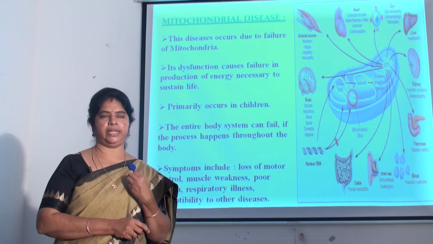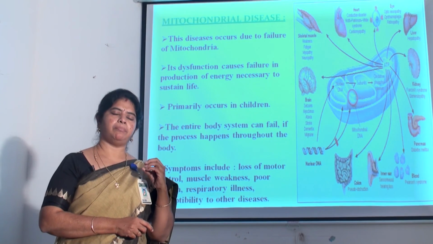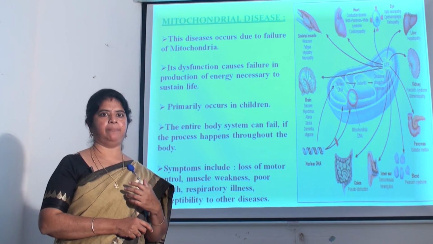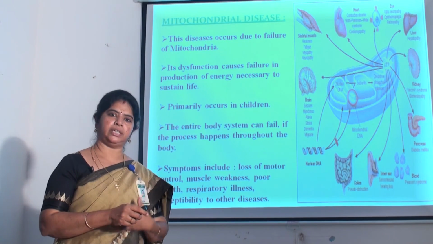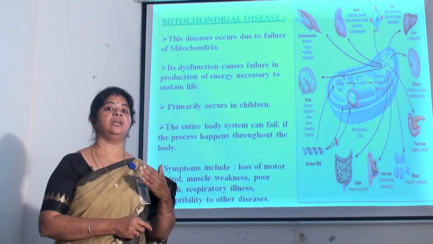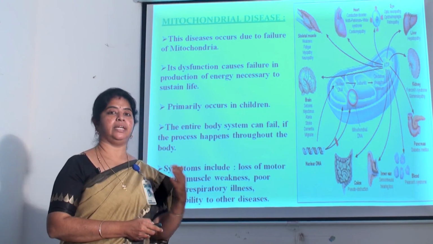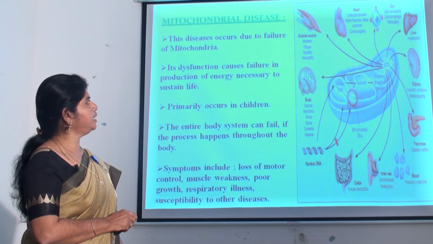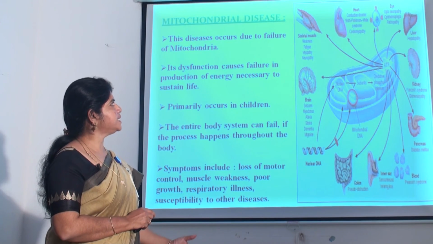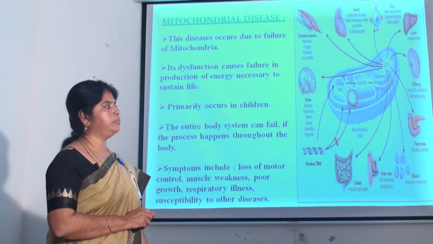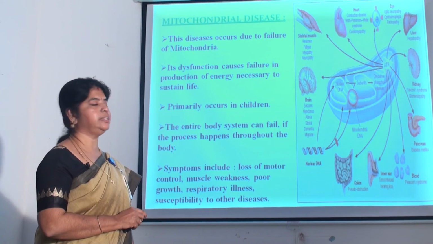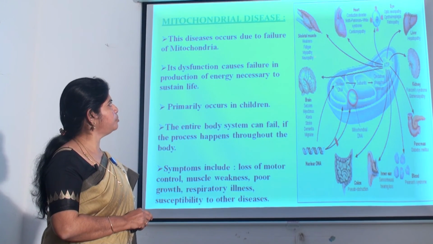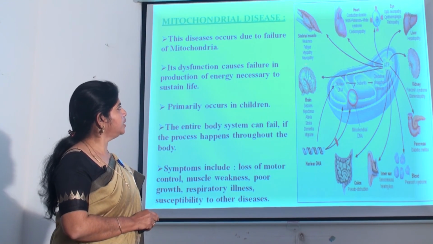Each and every organ needs energy. For example, the pumping of the heart needs energy for the circulation of the blood, and the liver too, and the digestion, and the eye. If the mitochondria in the skeletal muscle malfunction or are diseased, it leads to weakness, fatigue, myopathy, muscular dystrophy, and neuropathy.